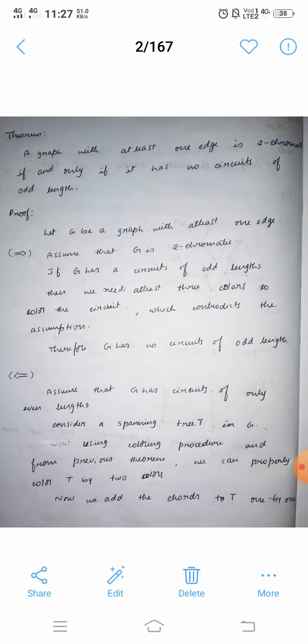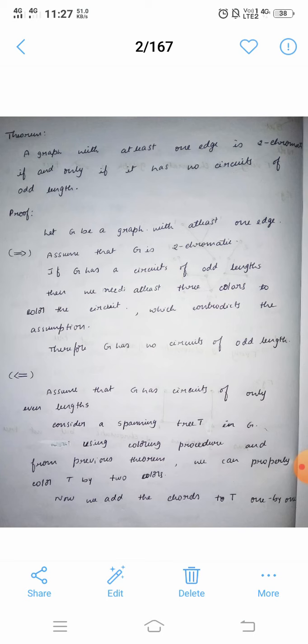Next theorem. A graph with at least one edge is two chromatic if and only if it has no circuits of odd length. What we have to prove? The graph is two chromatic if and only if it has no circuit of odd length.